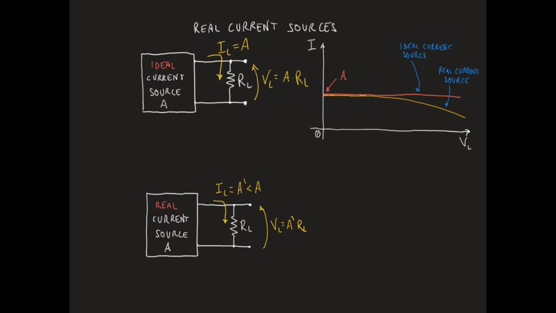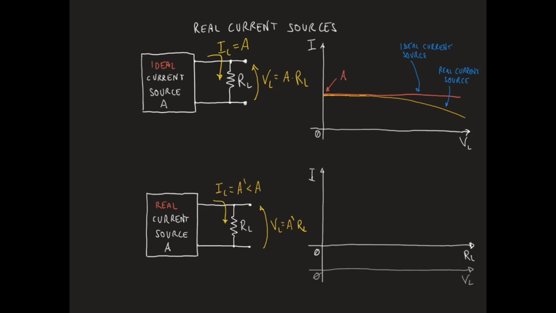As we did for the ideal and real voltage sources, we can represent the current provided by the real and ideal current sources as a function of the resistive load RL. Note that as the resistance goes to infinity, the voltage across the resistance also goes to infinity, while for the resistance going to zero, the voltage also goes to zero.